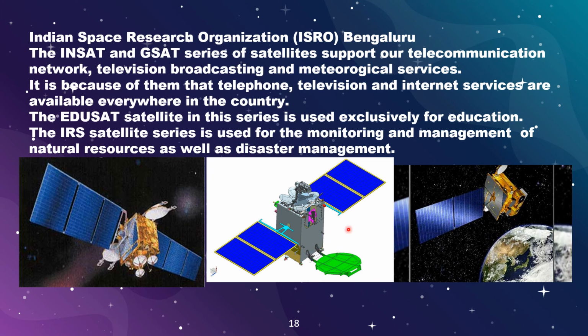Then the EduSat series is used in the field of education. The IRS satellite series is working for monitoring and management of natural resources and disaster management. To locate the position of any place on the Earth's surface in terms of precise latitude and longitude, the IRNSS satellite series has been established.